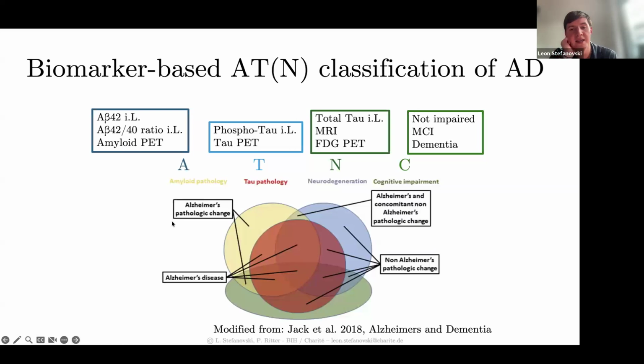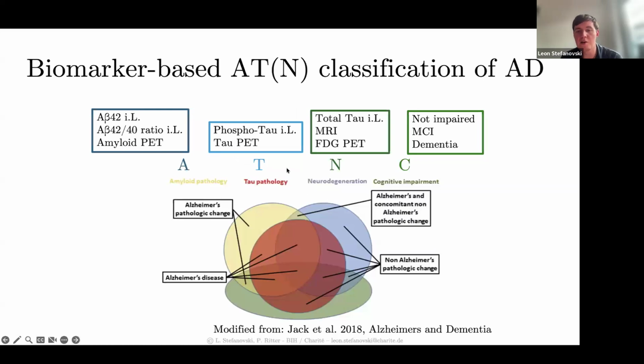What helped in making better diagnosis and better studies is a biomarker-based diagnostic classification introduced in 2018 that measures the amyloid pathology, the tau pathology, the overall neurodegeneration, and the cognitive component separately. This allows a more precise diagnosis and helps differentiate whether we really have something specific for Alzheimer's disease. For this, we need at least the amyloid pathology, ideally for the full picture, the amyloid and tau pathology.